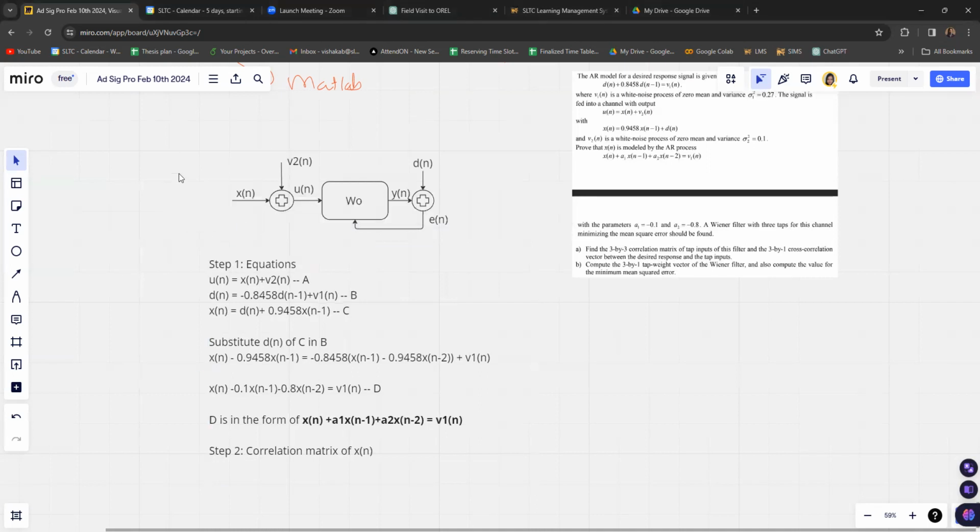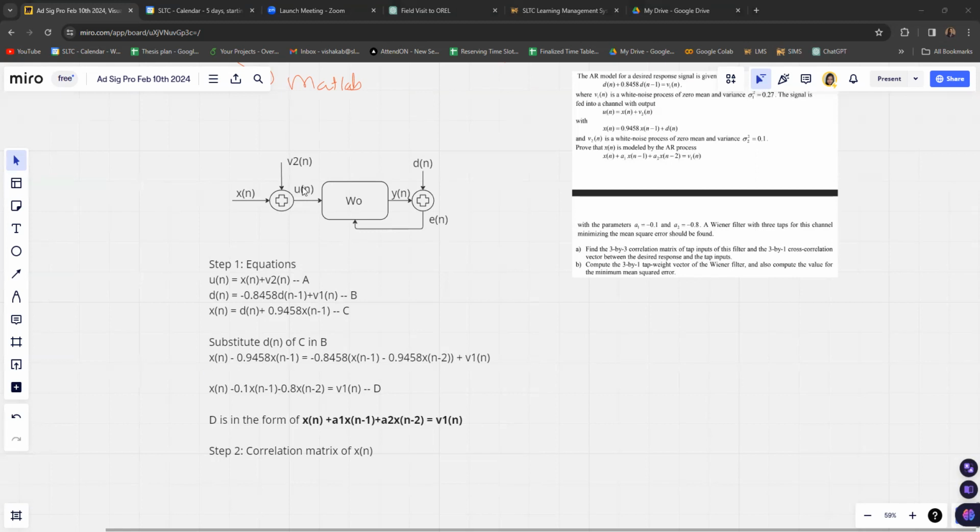Okay, so now we are going to consider a system like this. We have to find the correlation matrix at the input of this filter, and the filter coefficients we need to find later, the optimal filter coefficients.